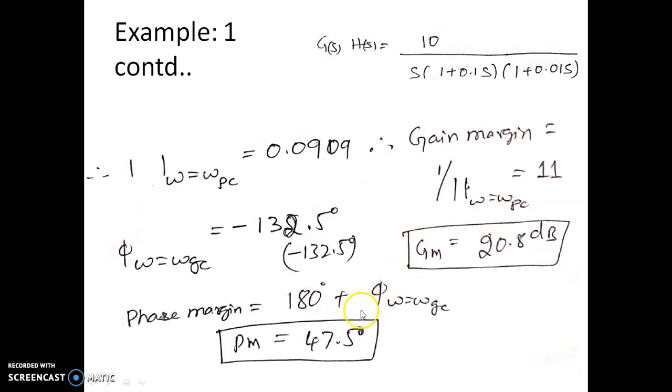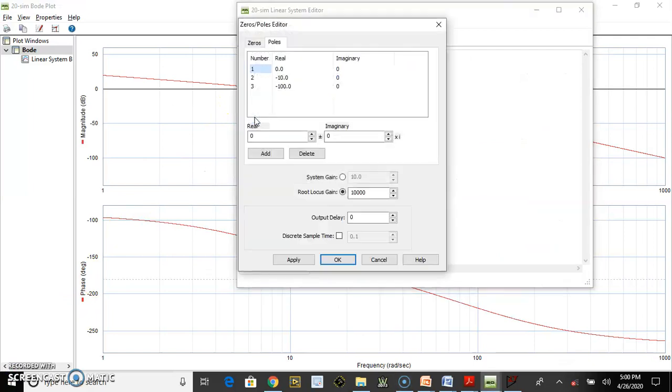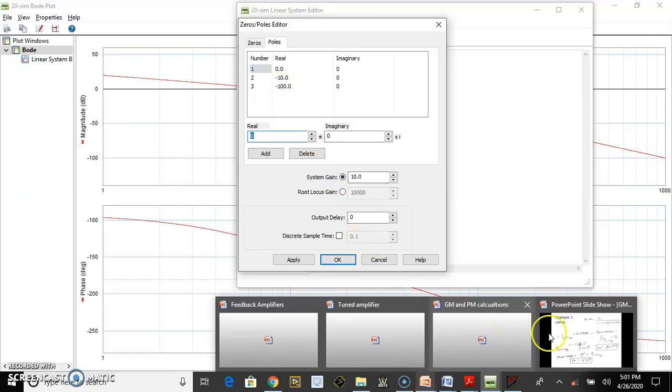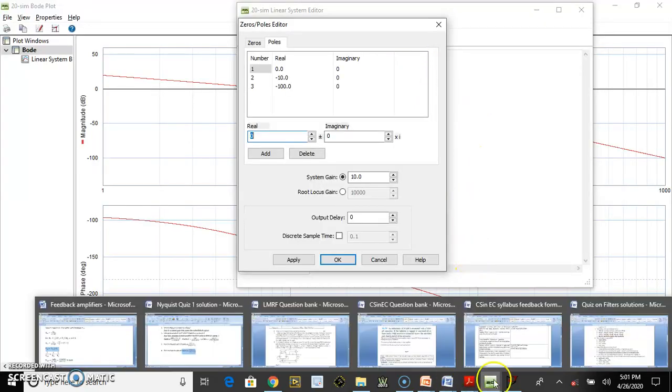We will try to see whether we get the same gain and phase margins. Let us edit the poles and zeros here. Of course, it's already edited. You can see one pole is at the origin, the other pole is at minus 10, and the third pole is at minus 100. We are setting the system gain as 10.